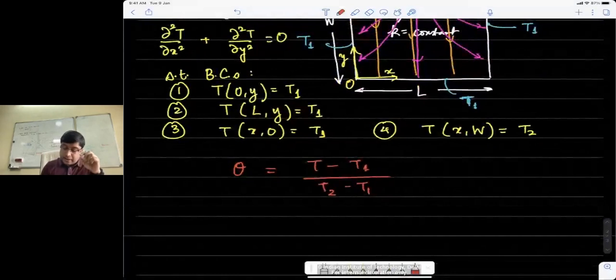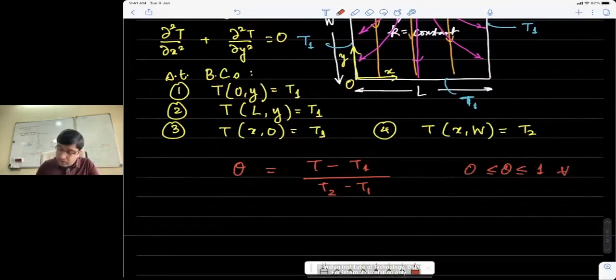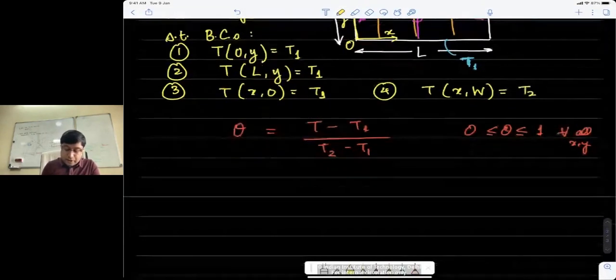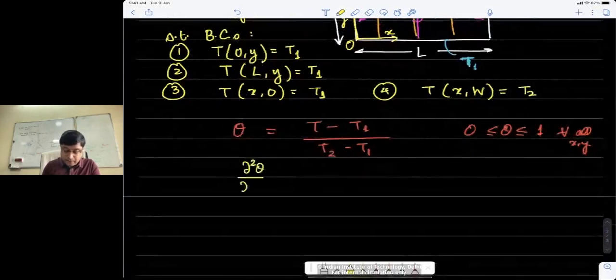By doing this, I can ensure that theta is a variable which is always between 0 and 1 for all x comma y in this domain. And I don't incur any change in my governing equation, because T2 minus T1 is a constant. So clearly, the governing equation would now be just d2 theta dx square plus d2 theta dy square is 0.